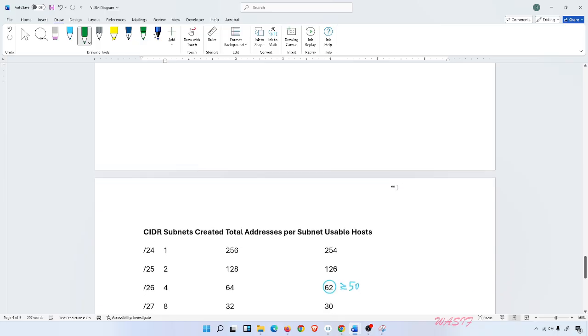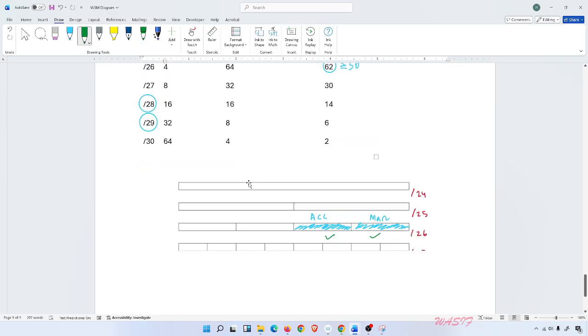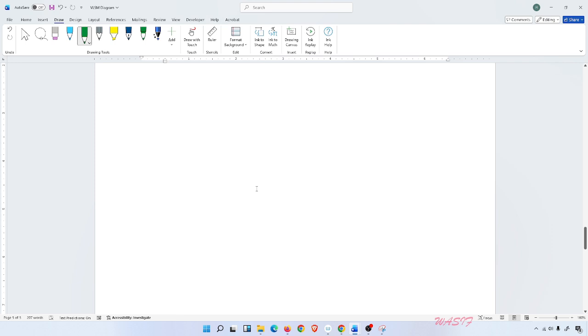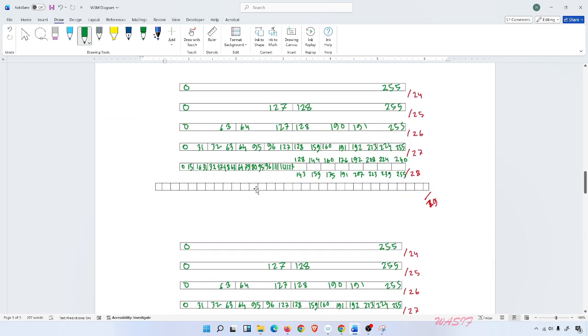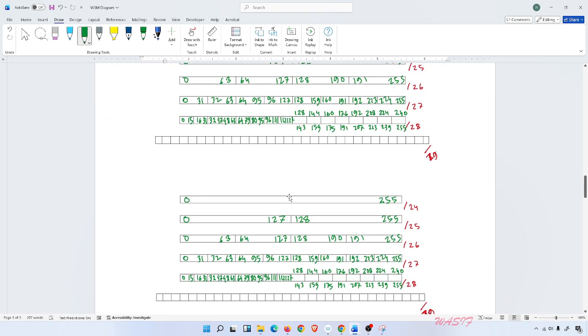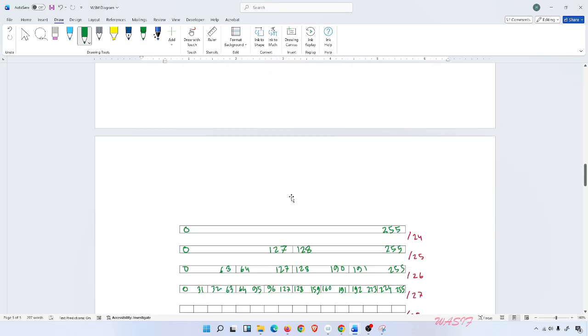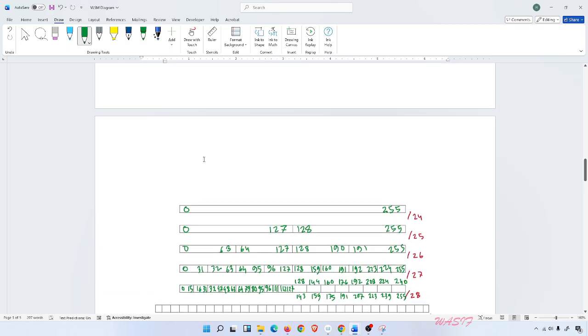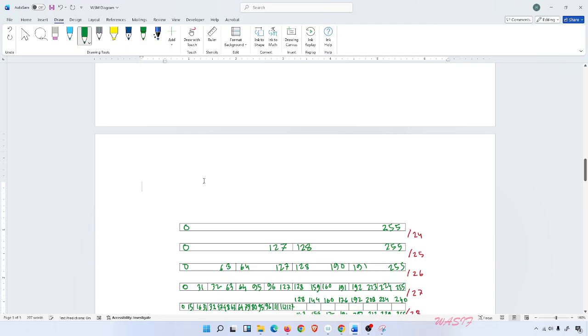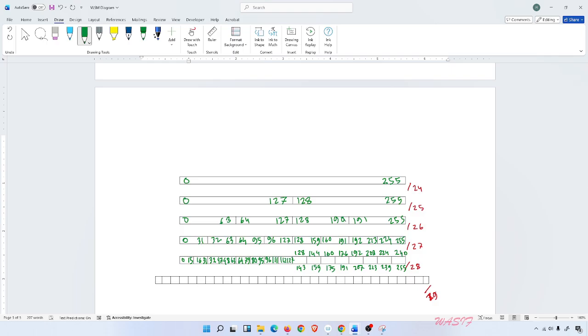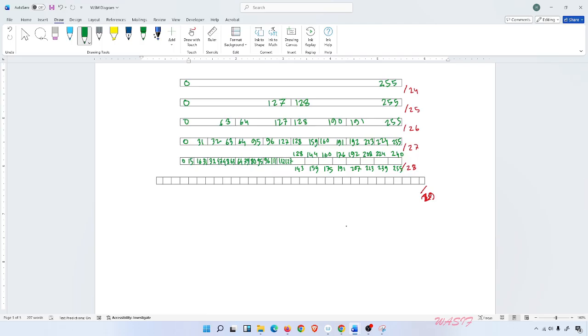If it is /26, let us look at the table for /26. For /26, it will be 191, and it will be 192. That was a mistake here. So it will be 191, and it will be 192.